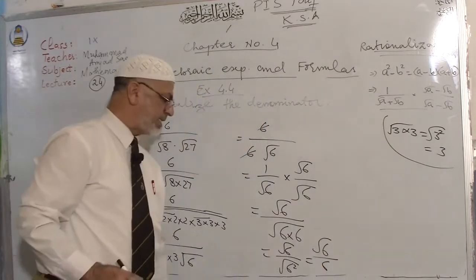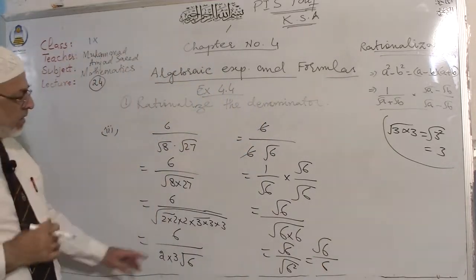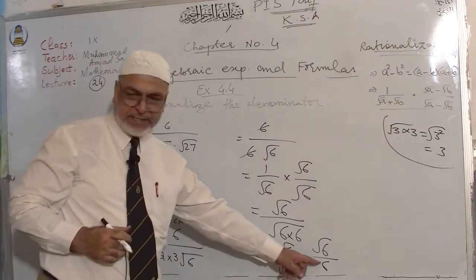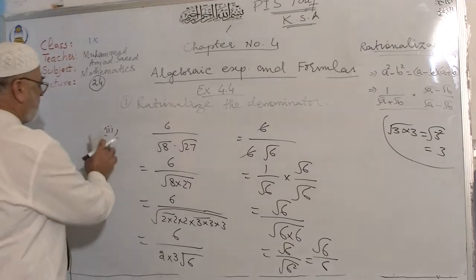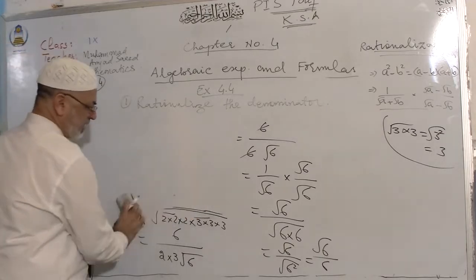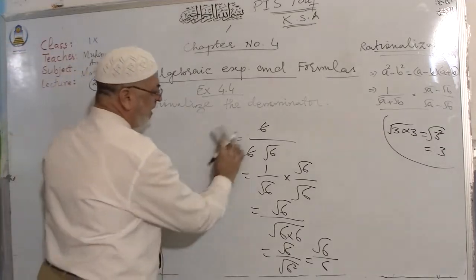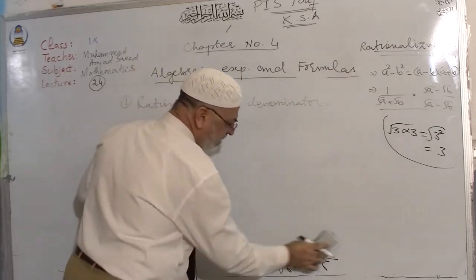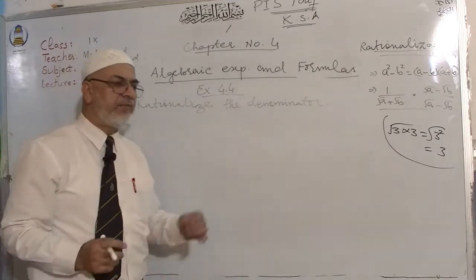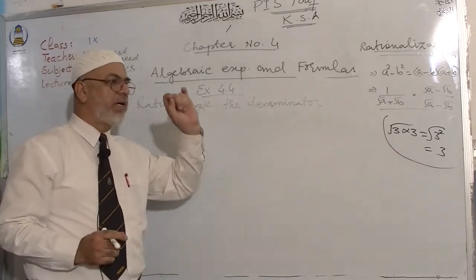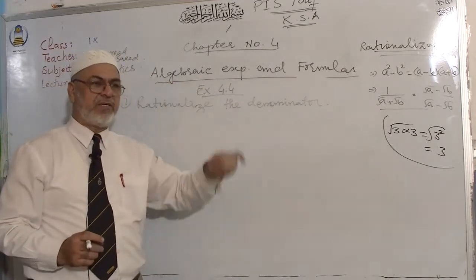You are getting this 6 outside. Now no radical sign in the denominator. That was our required answer. I hope that you understood this part. The main thing is, whenever any number inside the square root is doubled, it will come out as a single, because power 2 will cancel the power 1 over 2.